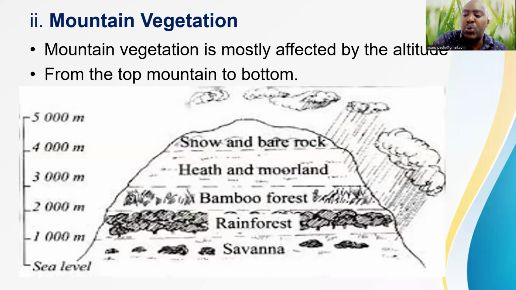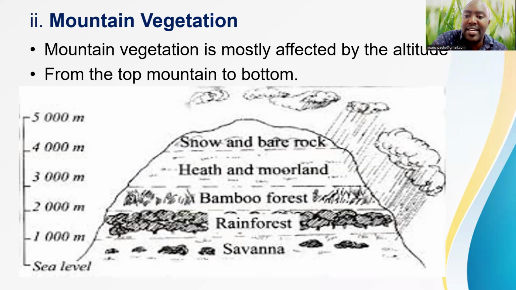We move on to what we refer to as mountain vegetation. Mountain vegetation is mostly affected by the altitude. Altitude is the height above sea level, from the top of the mountain to the bottom.